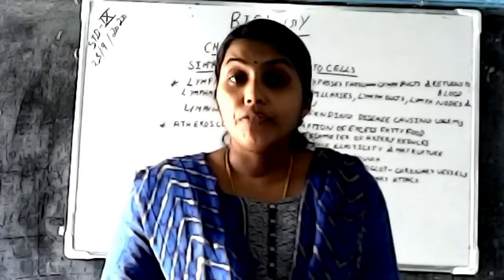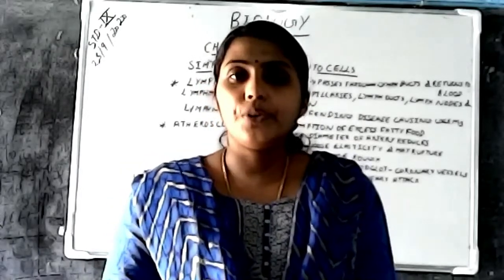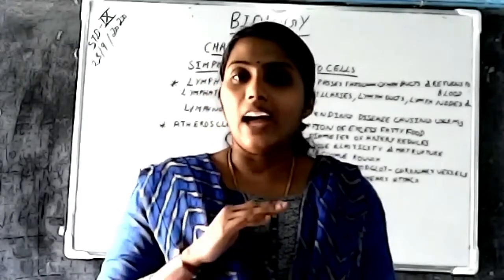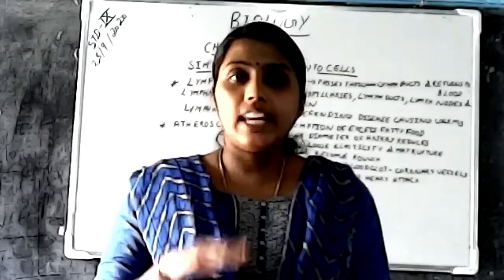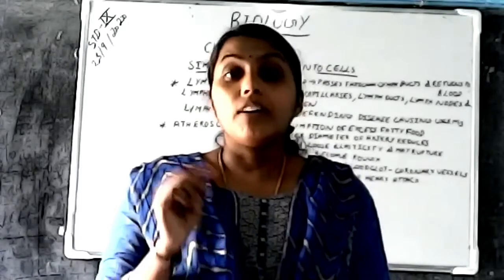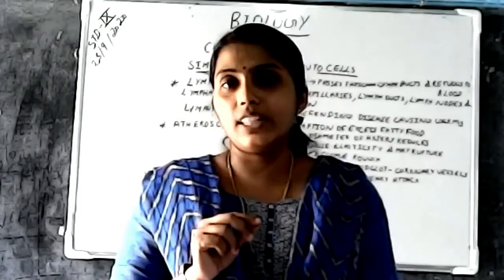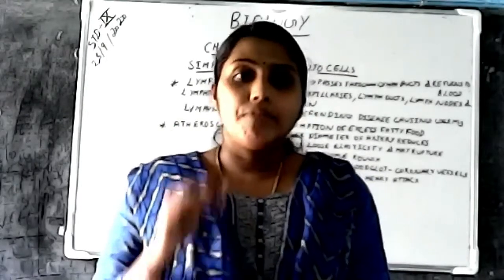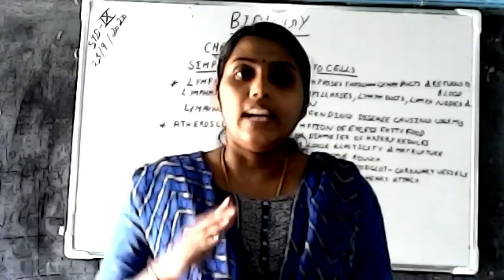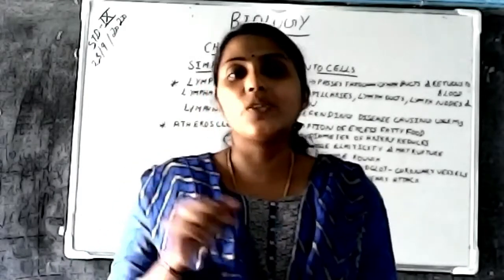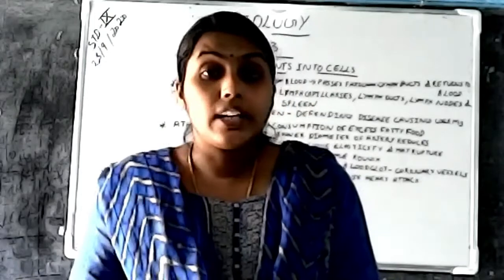Then about phloem. Phloem consists of the sieve tube and the companion cells. Sieve tube, sieve means in Malayalam we can say aripa. What you can see on the sieve is so many pores. Like that, in phloem, in the cross section of the sieve cells, you can see so many pores.